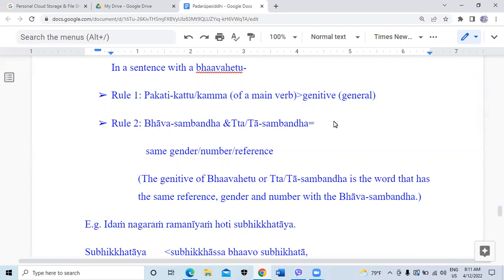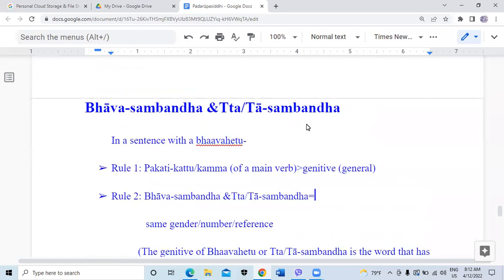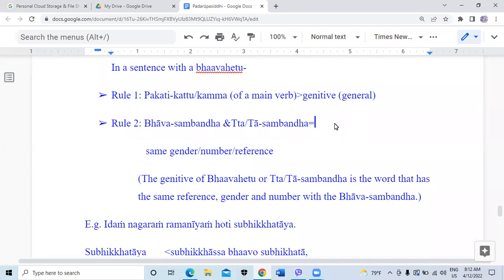At that time, the subject or the object of that hetu is which word? Okay, so here this pakati kamma, pakati kattu, the original subject and original kamma, must be the genitive or subject or object of that hetu. Okay, this rule is number one.